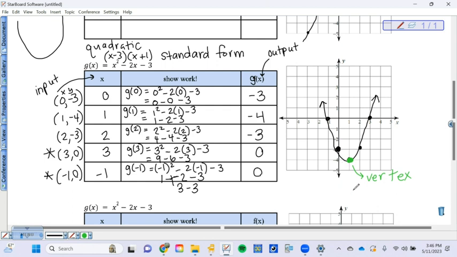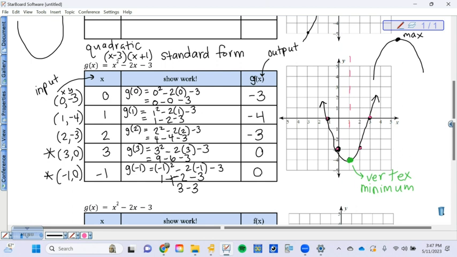Is my vertex the minimum or the maximum on this graph? Minimum. But I can also have a parabola that looks like this. In a parabola that looks like this, would the vertex be the minimum or the maximum? The maximum. Good. Do you also see how our parabola is the same on both sides? It's like a mirror image.